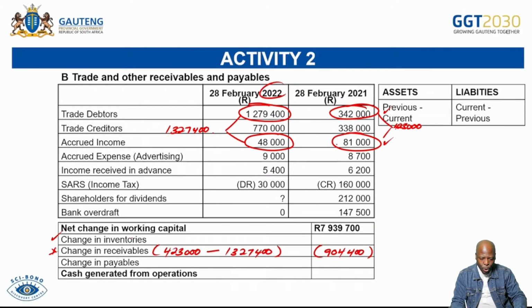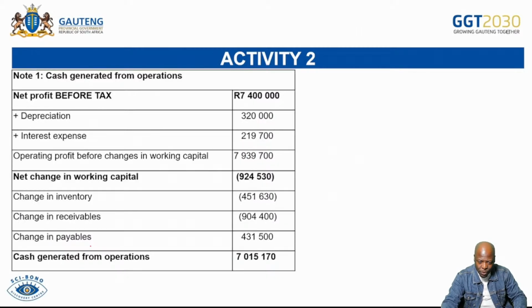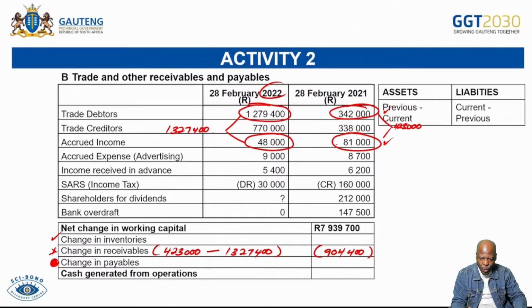And then I'm going to go on now to the last part, which is my change in payables. All right. And in my change in payables, let's just do it here at the same time already. So in my change in payables, I'm going to look now at my creditors. Okay. So on my creditors, I'm going to add this one, which is number 1, and that is my number 1 here also.